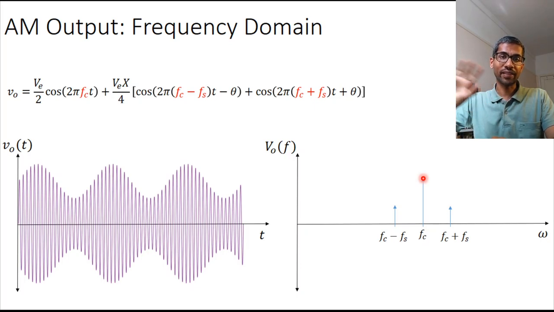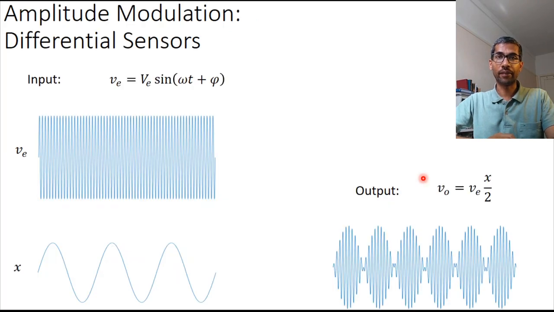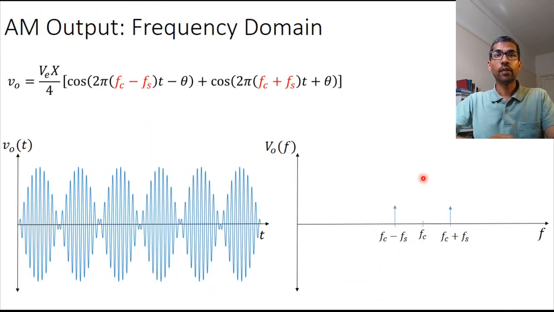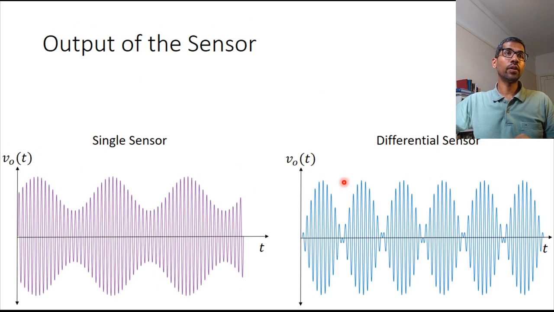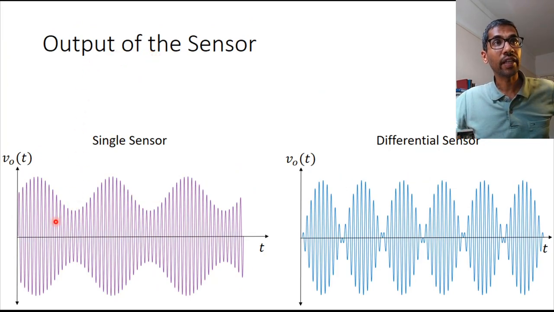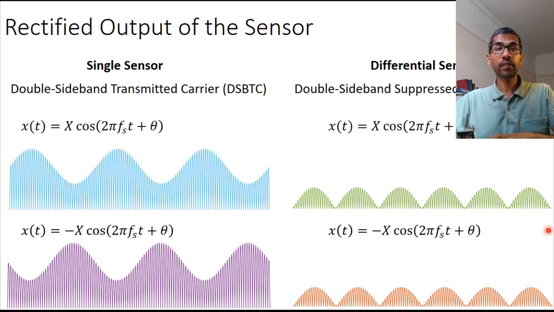But right now we are looking at the same concepts in a sensor domain. So in a single sensor, the output of the sensor looks like this. In a differential sensor, the output looks like this. With a single sensor, you have a double sideband transmitted carrier signal, and in a differential sensor, what you get is a double sideband suppressed carrier signal.